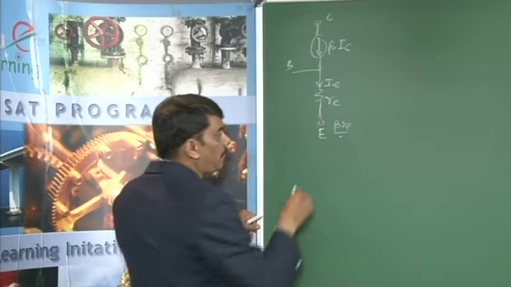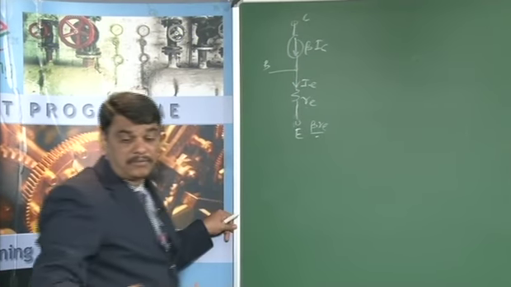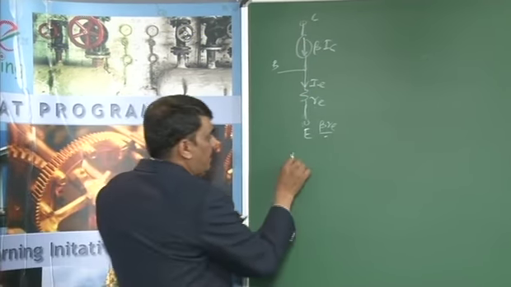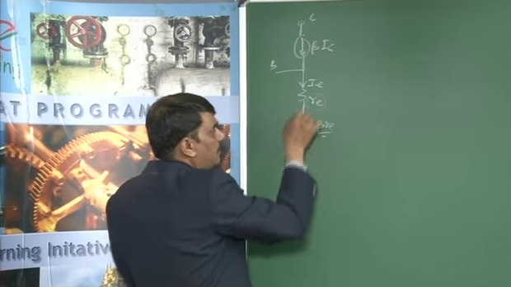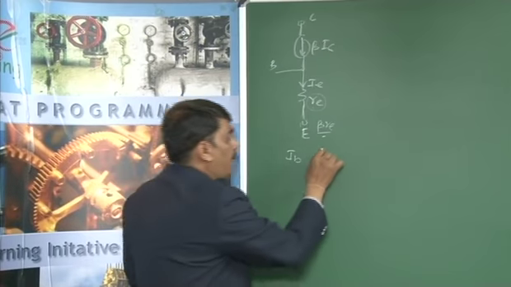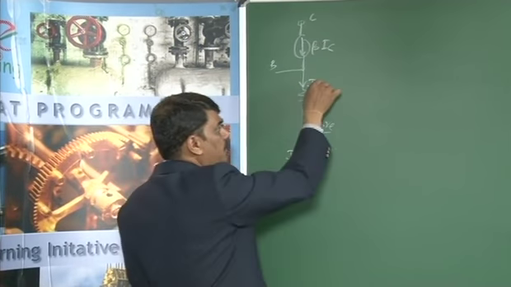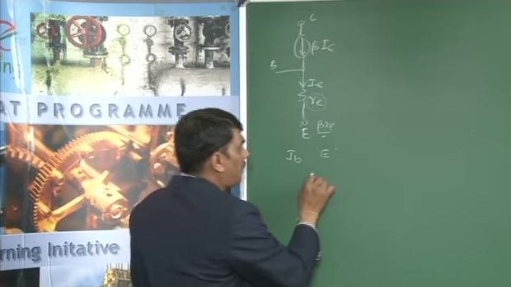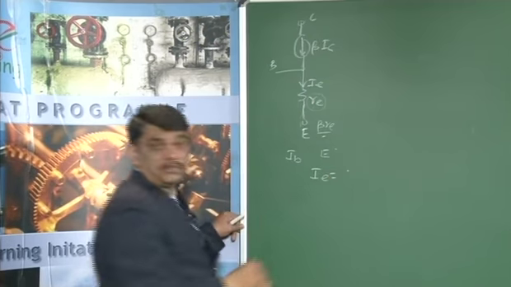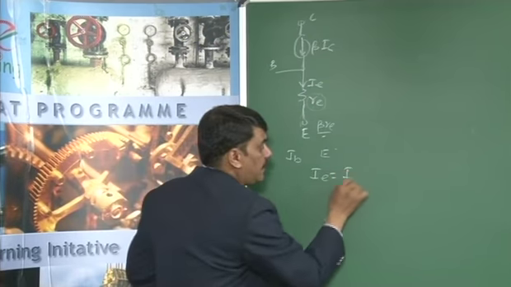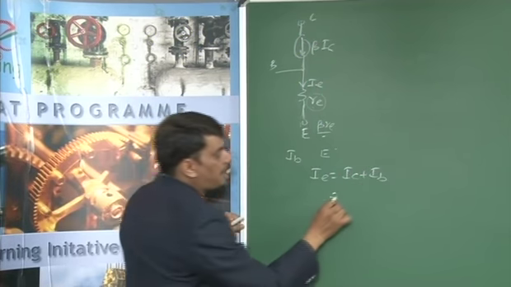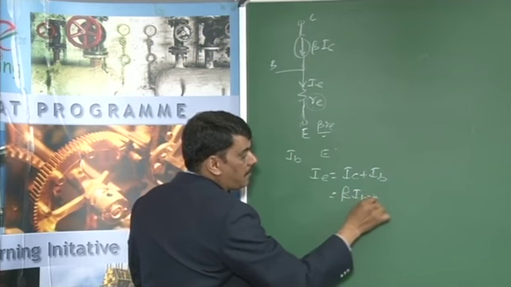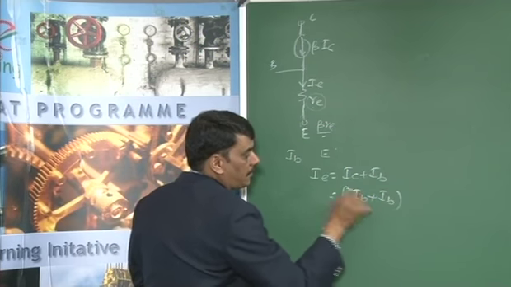We know that by definition the input current flowing through the base is IB, but here RE is the resistance of the emitter, and the current flowing through it is IE. We know that IE equals IC plus IB, and IC is nothing but beta times IB, plus IB.